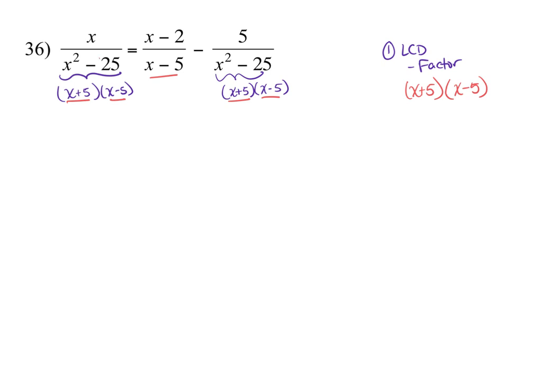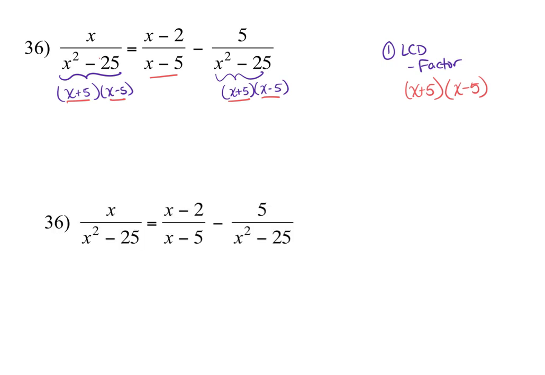And then I am going to take each piece of my problem and multiply it. So I'm going to multiply each piece by just the common denominator, and my goal is to then get rid of all of my denominators.